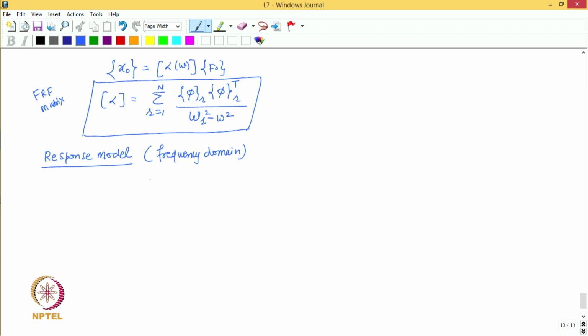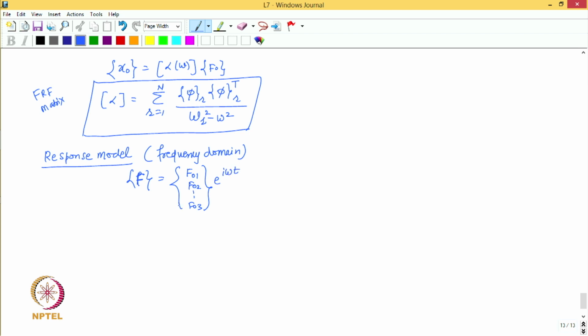because we just saw that the FRFs can be used to find the response. So, let us say we have the force vector F of harmonic forces acting, and let us say this is nothing but F naught 1, F naught 2, F naught 3, like this, e to the power i omega t.